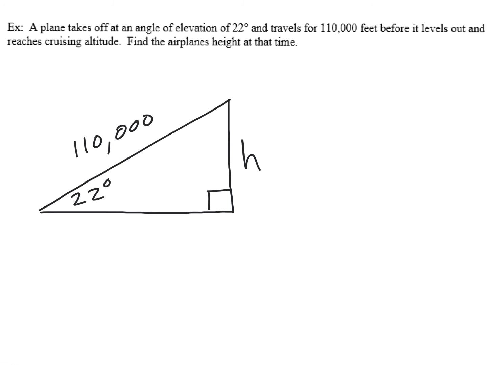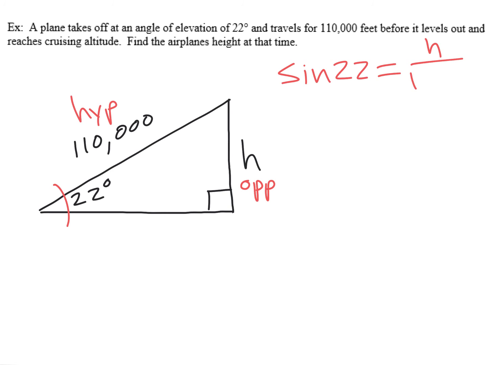Now if I'm going from this angle, I like opposite and hypotenuse, so I would say sine of 22 equals my unknown side over 110,000, right? Multiply both sides by 110,000.